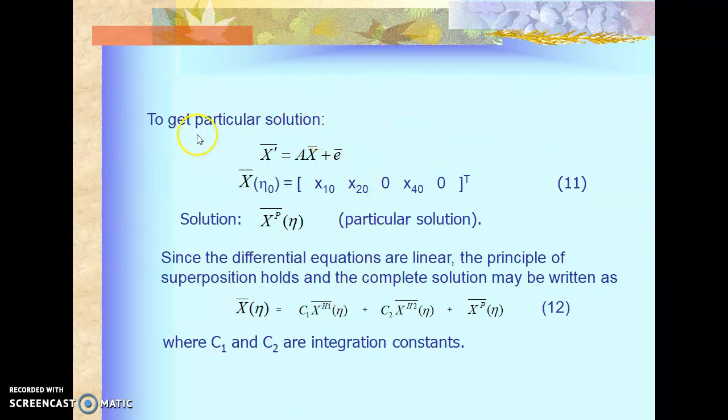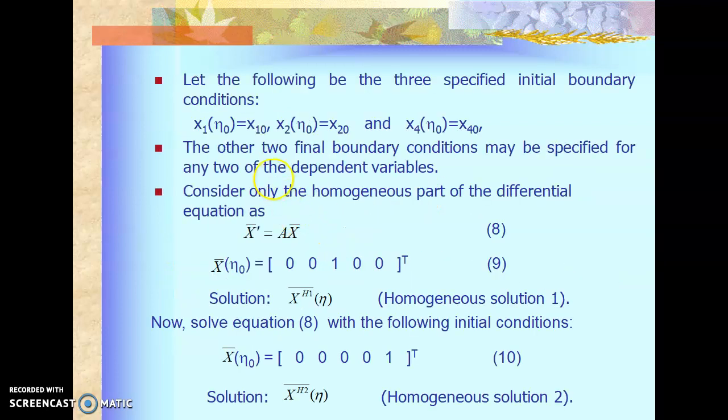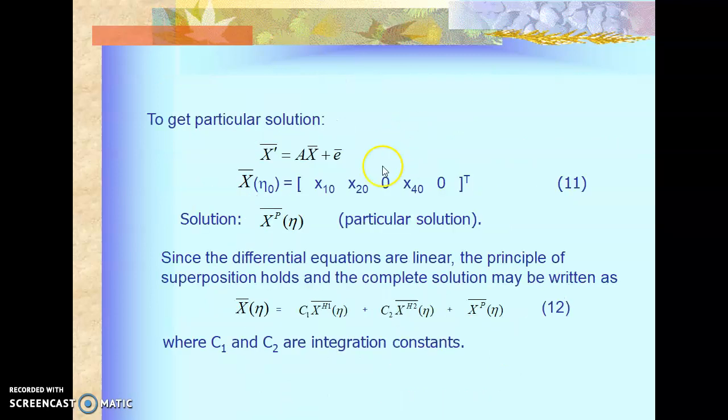Now, after getting homogeneous solutions, to get the particular solution we have to consider the given non-homogeneous system together with the initial conditions. If you notice here, these are the initial conditions x1, x2 and x4. So now we are considering the same values here.